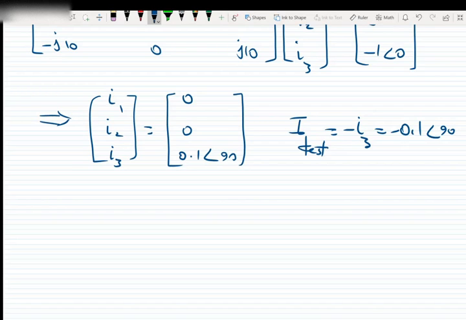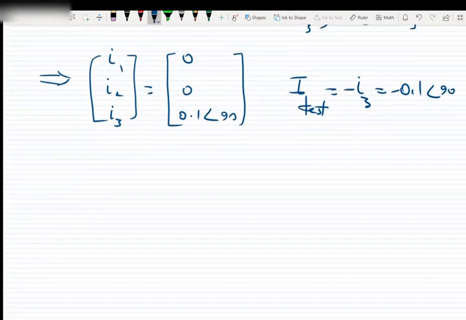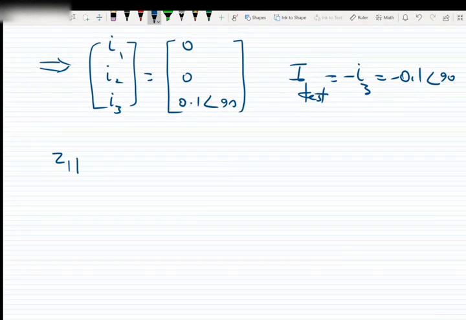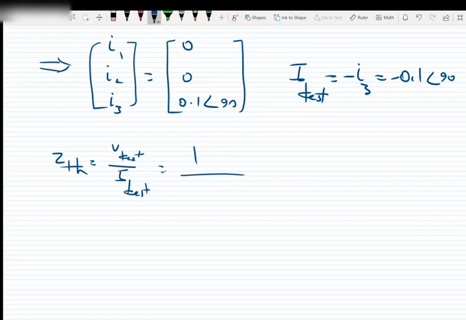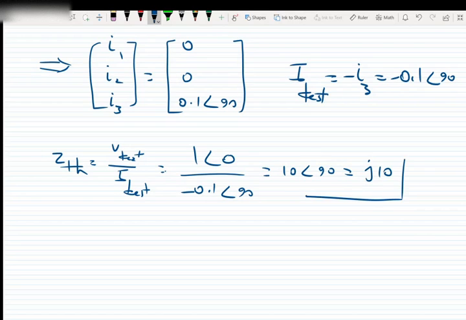So now that we got I test, we can simply say Z Thevenin is equal to V test over I test. V test is 1 with the angle of 0 and I test is negative 0.1 with the angle of 90. So it's equal to 10 with the angle of 90, or it's equal to J10. So this one is the Thevenin.